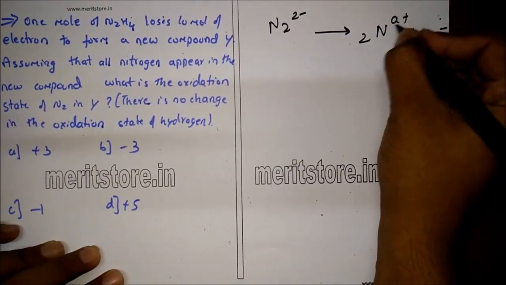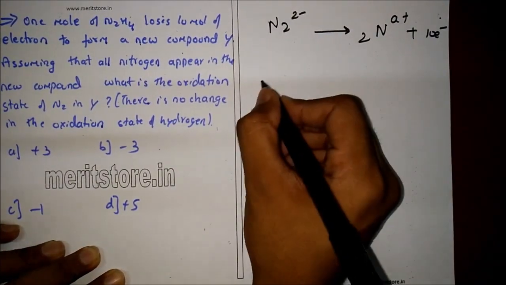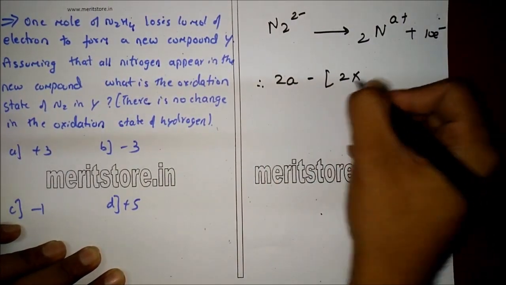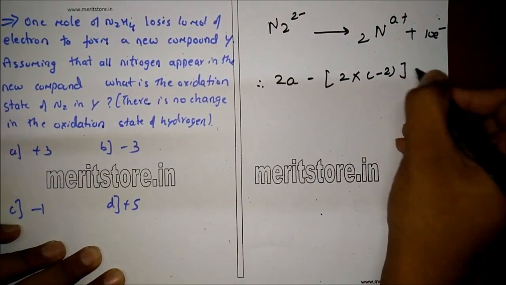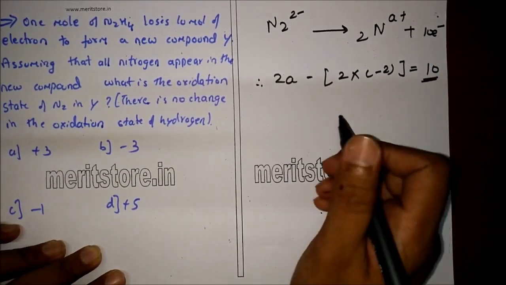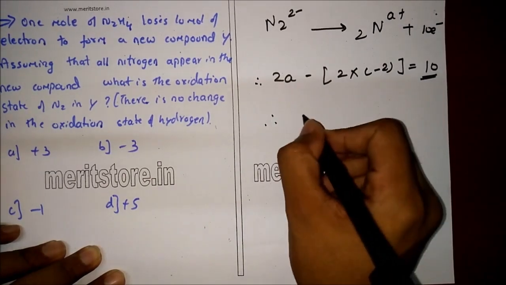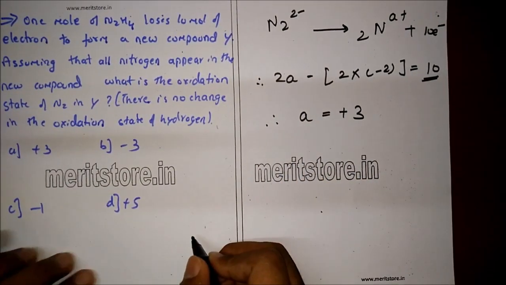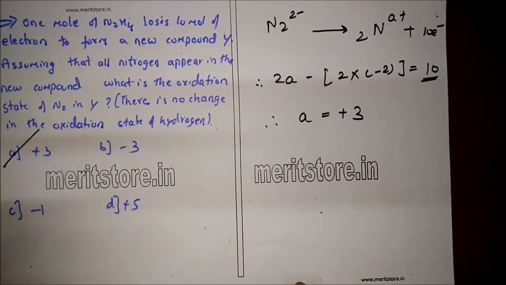Therefore, we need to find the value of a, the oxidation state. Therefore, 2a minus 2 into minus 2 is equal to 10, since 10 is the number of electrons that it loses. On calculating, we get the answer of a as plus 3. Therefore, here the correct answer will be option A, plus 3.